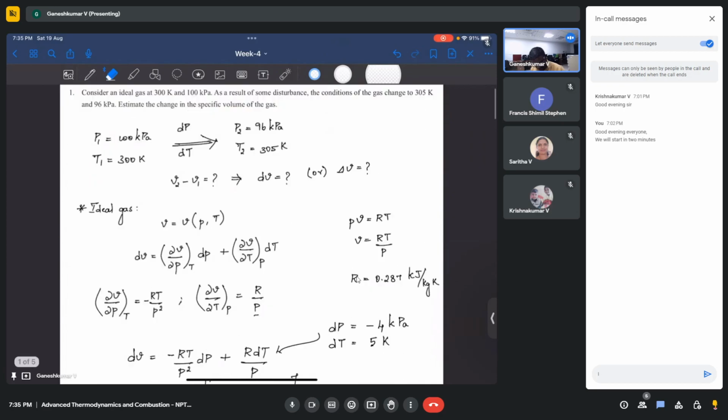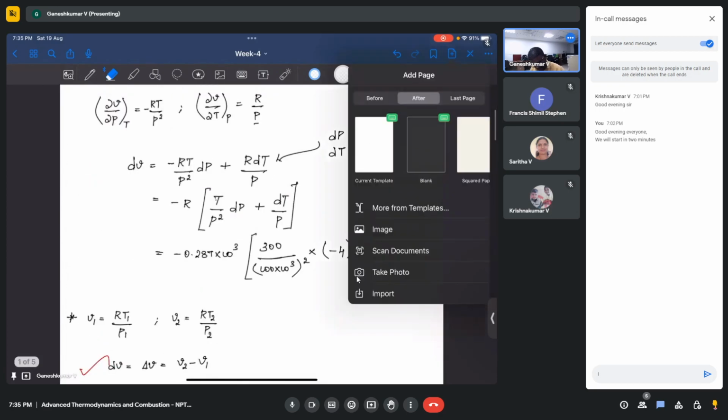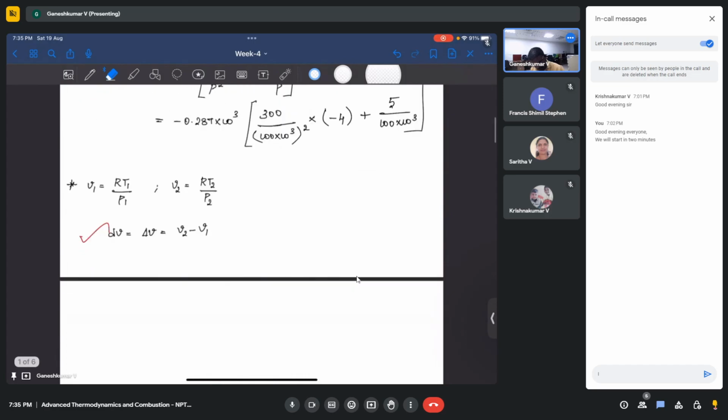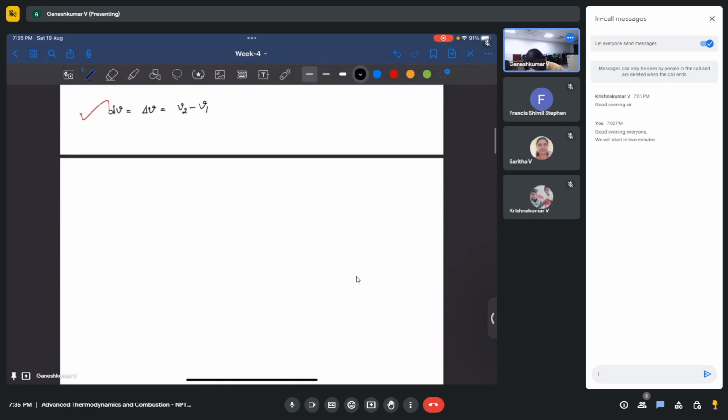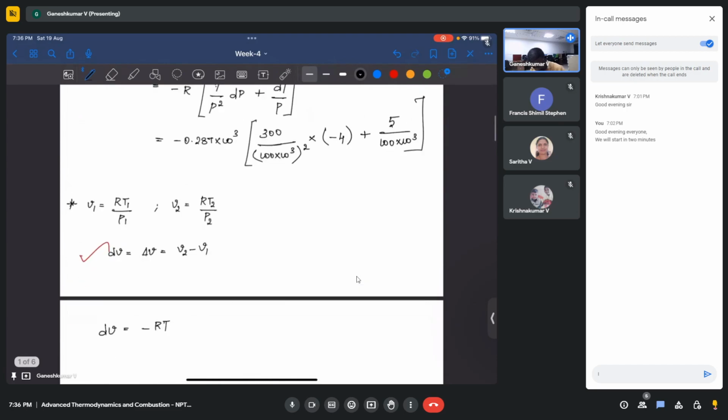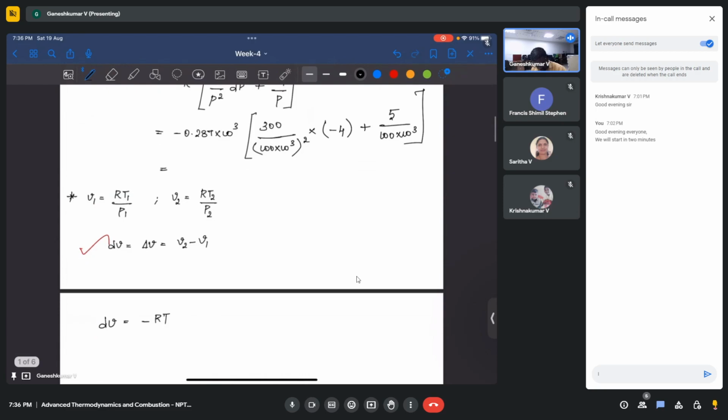So now my question is, why can't we do integration also? Why not integration? Is my question clear? So dV is again minus RT by P square dP plus R dT by P. Quickly find out this answer. Let's do integration and also check.